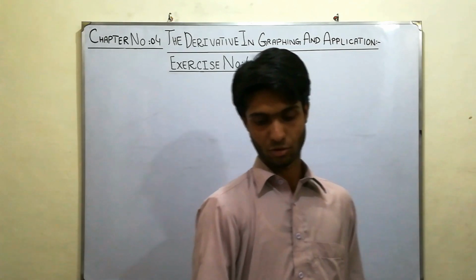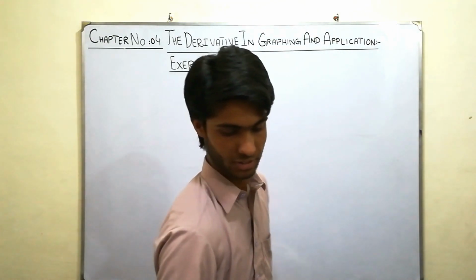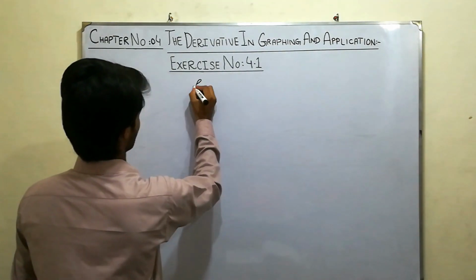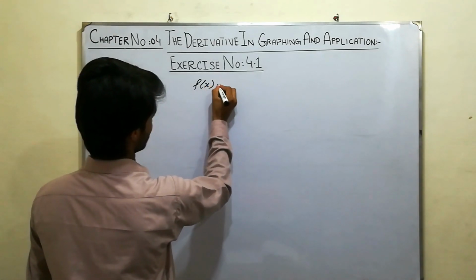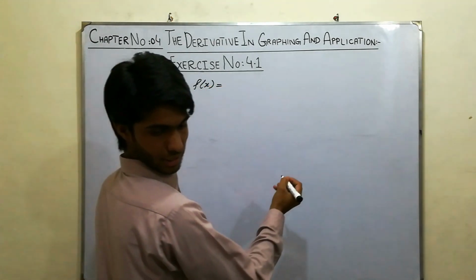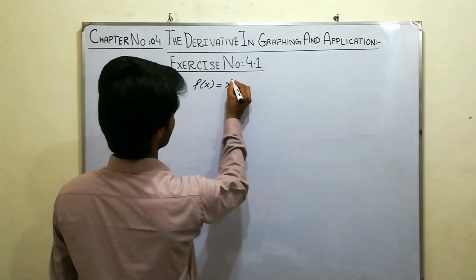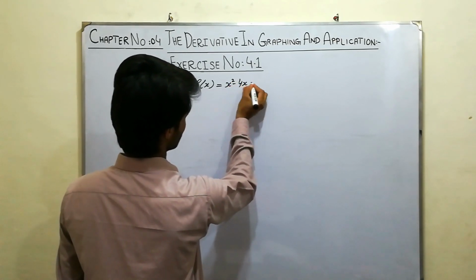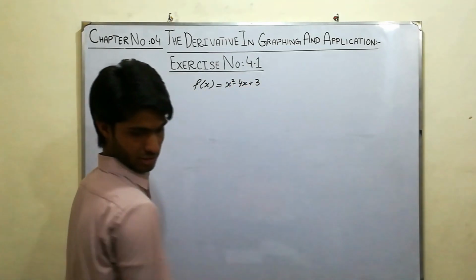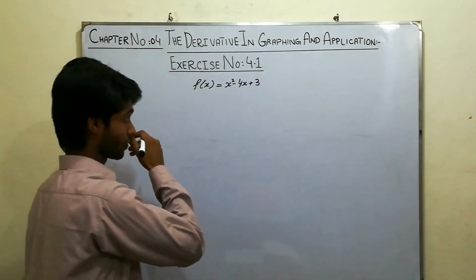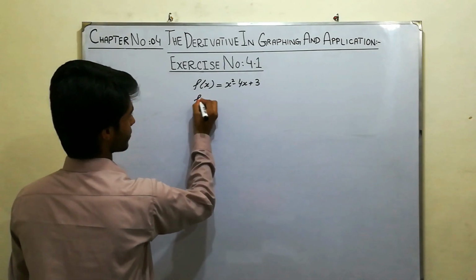Now go to the question. Let's suppose we have a function f(x) = x² - 4x + 3. Now, take the first derivative.